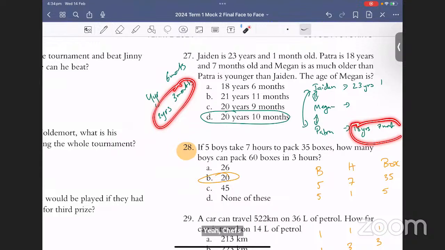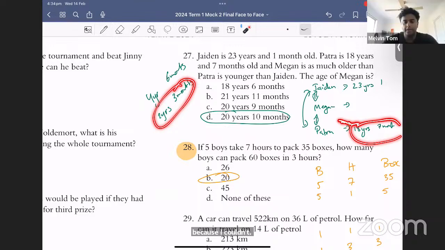Yeah, Shafna? So for question 27, what I meant to say is, for Jaden, how do you find the difference? Can you please explain that again? Because I couldn't see it. Sorry, I don't follow. What do you mean?